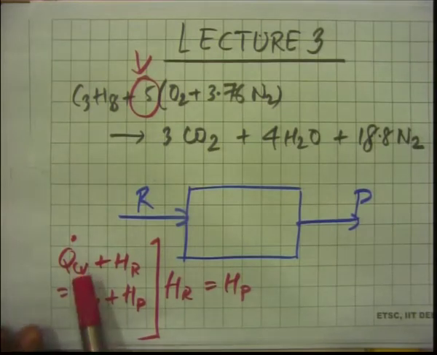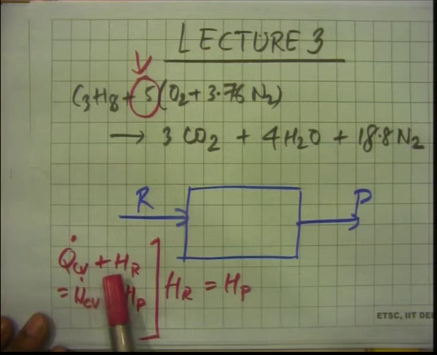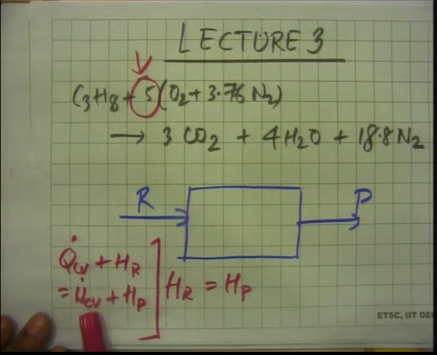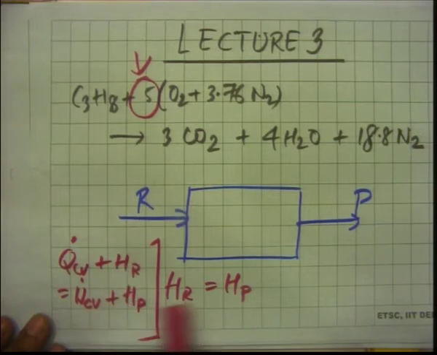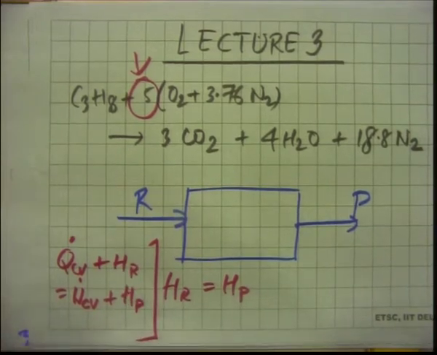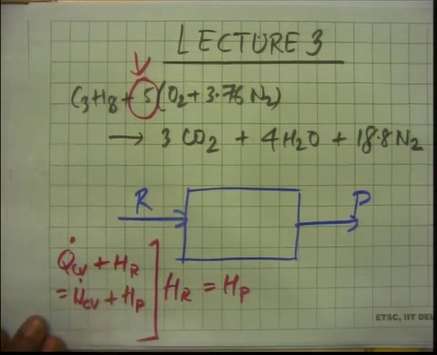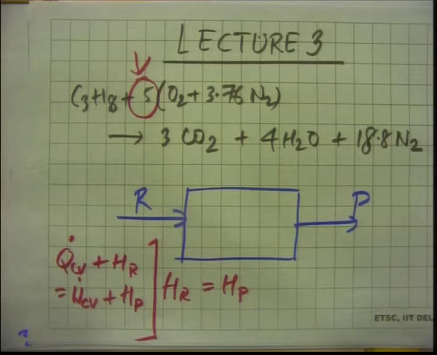Since we are talking about adiabatic flame temperature, Q dot Cv is 0, and there is no reason to think that there is any W dot Cv. So we wrote HR equal to HP. But going back to your thermodynamics, is this first law expression the universal expression for all kinds of situations that we deal with as an engineer? Only closed system. Is this a closed system?